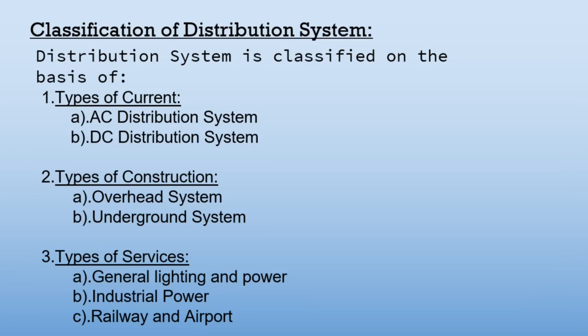Now coming to classification of distribution system. The distribution system is classified on the basis of types of current, that is AC distribution system and DC distribution system. It is also classified on the basis of types of construction, that is overhead system and underground system. It is also classified on the basis of types of services, like general lighting and power, industrial power, railway and airport.